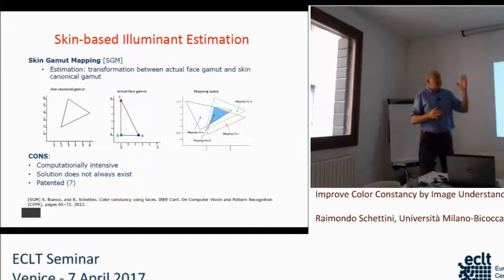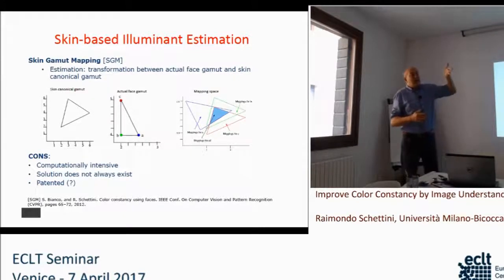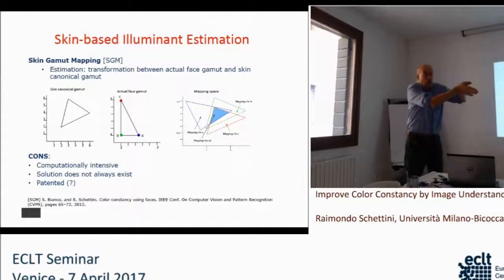The idea is that we apply different transformations, and the transformation that maps all the possible skin under that illumination is the transformation associated to that illuminant.